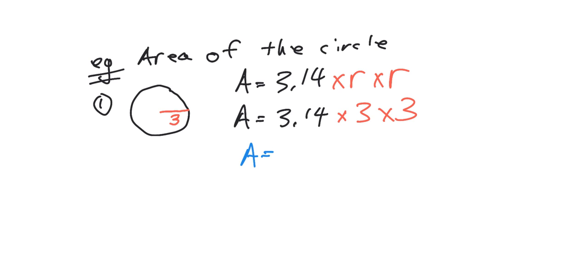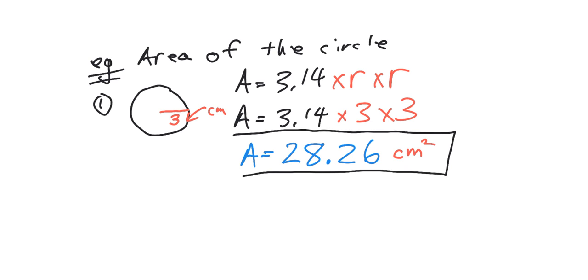A is equal to 3.14 times 3 times 3, which gives us 28.26. Now, if this problem was in centimeters, right, then this would be our final answer, 28.26. And notice I'm putting it in red here so you can remember. Centimeters squared. And that would be our area.